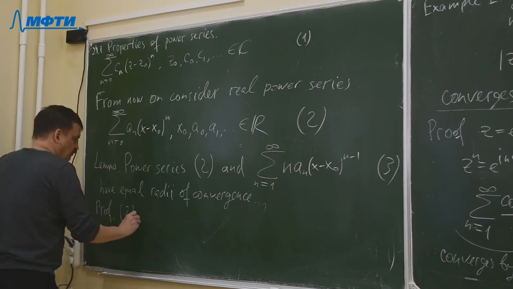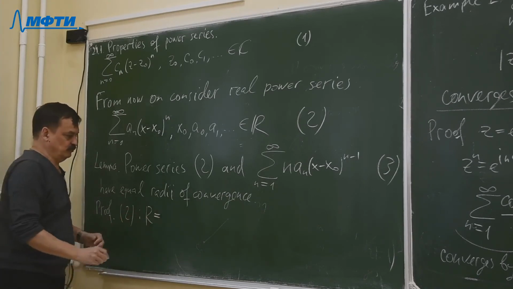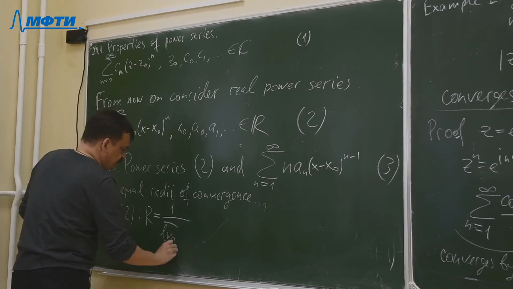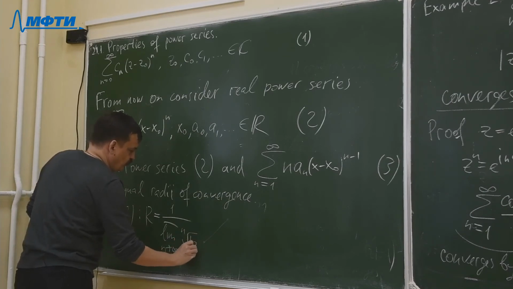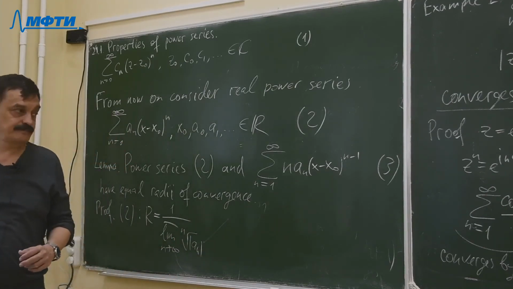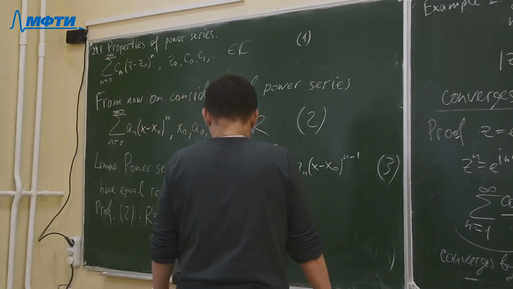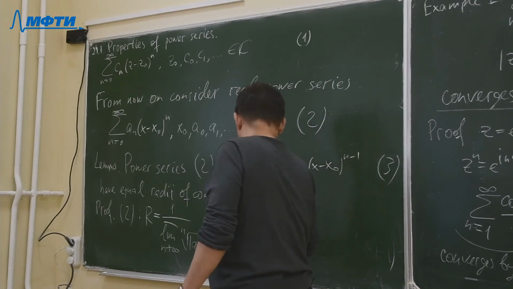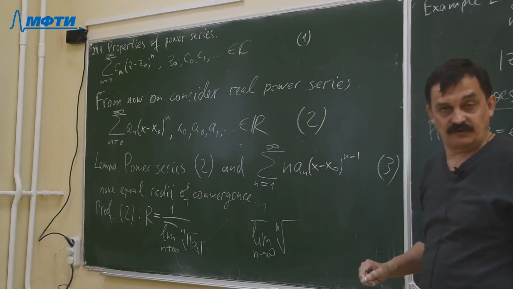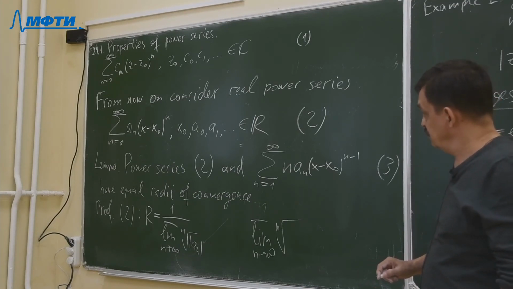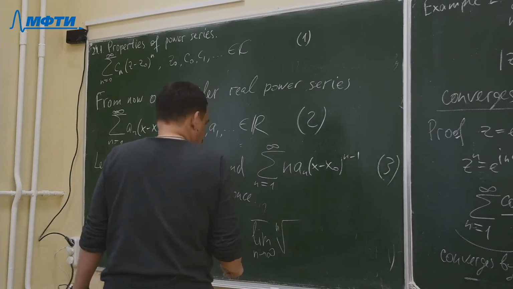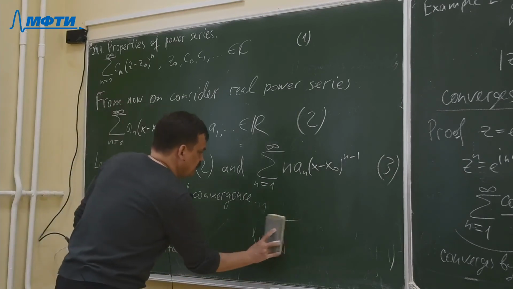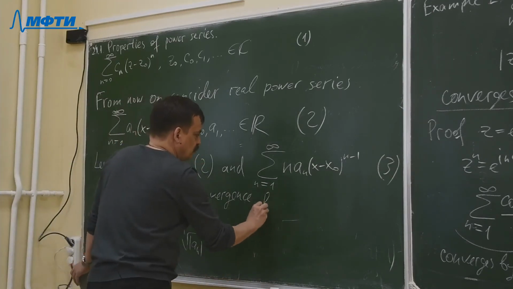So for the series 2, the radius of convergence is 1 over the upper limit of the nth root of modulus of a_n, right? Now, let us compute the related upper limit for 3. Firstly, let me rewrite 3.